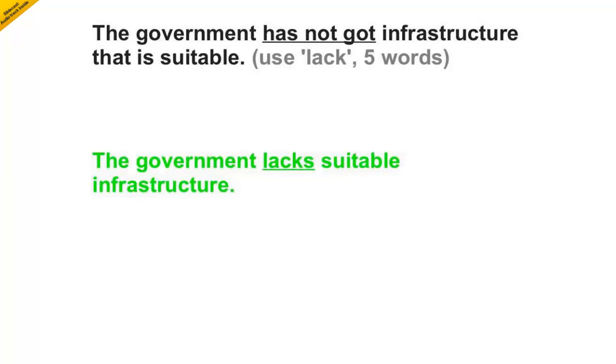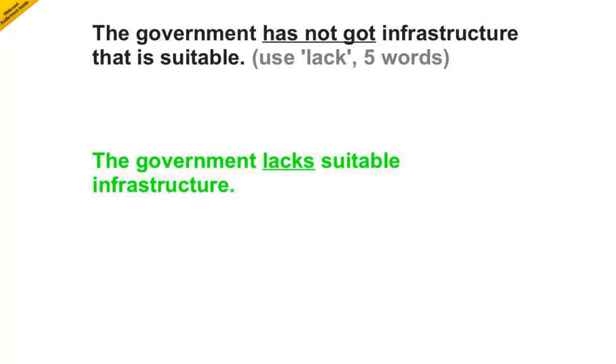And we've reduced it to 5 words. It means exactly the same. And if we can reduce it to fewer words, we can say more. The essay's got more impact, and it's easier to read. The government has not got, the government lacks infrastructure that is suitable.